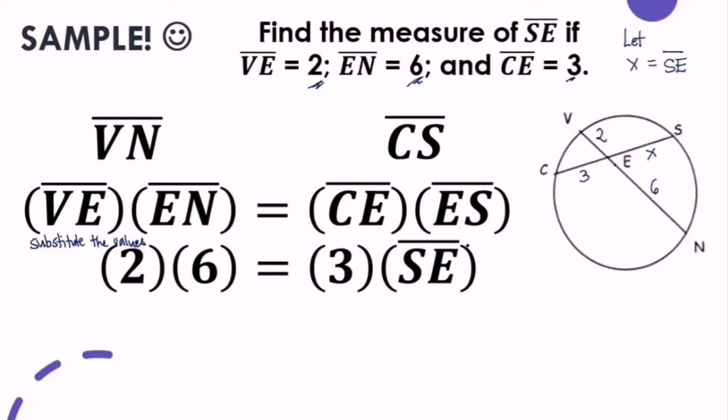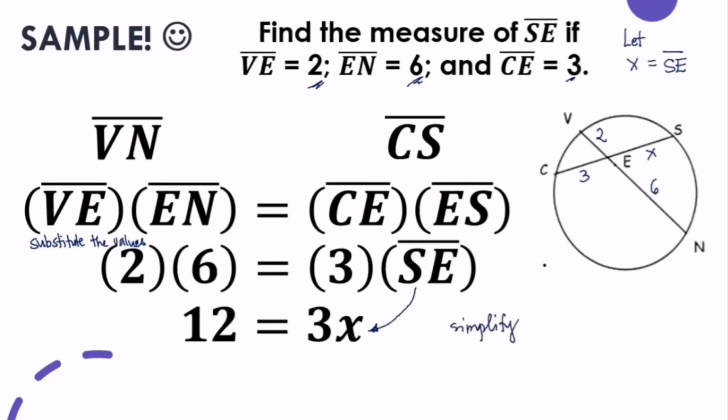So, parehas lang po iyon. Then the next one is we're going to simplify. We all know that 2 times 6 is 12, and then SE, that is X. Okay? So, binaligtad ko lang para hindi kayo malito. Okay po? So, for here, we're going to simplify.